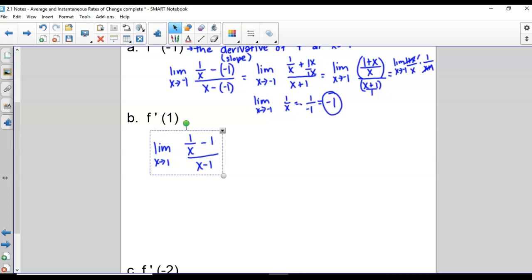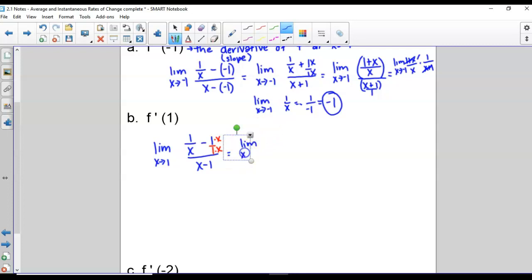And so for this one, we're going to put this over 1. We've got to multiply by x on the top and bottom to get common denominators just in that numerator part. So that is going to give us the limit as x approaches 1 of 1 minus x over x, over x minus 1.